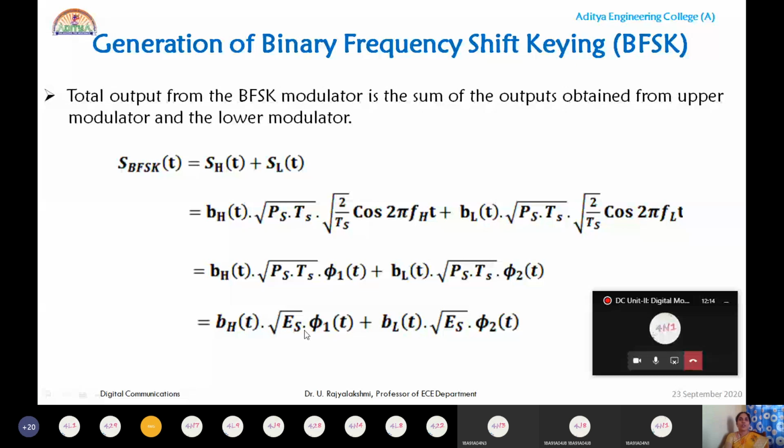So Es will be equal to Eb, or in other words Ts is equal to Tb. If Ts is equal to Tb, Ps into Tb will be the bit energy, that is Eb. Okay, now finally you generated the BFSK signal, which is the combination of BH of t and BL of t. Please remember this equation.